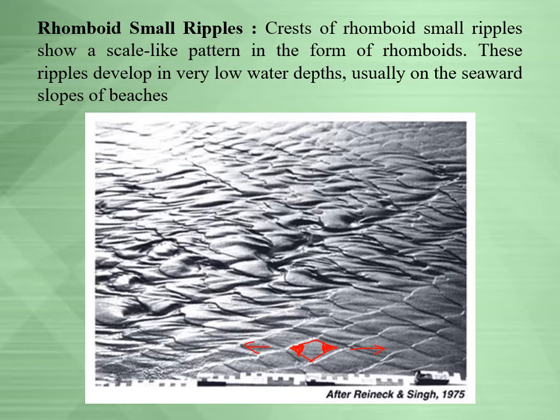And these kinds of ripples are easily identified in the rock record also by their striking pattern. It looks like fish scales. So on the basis of that scale like pattern, people identify these kinds of ripples and they can interpret the sense of flow from them.